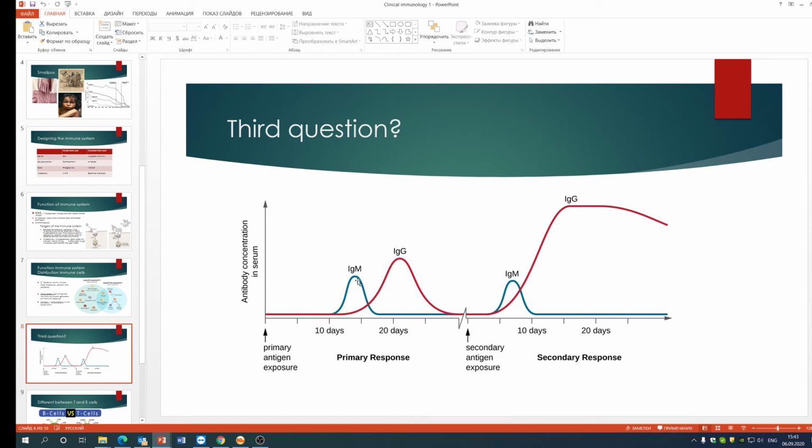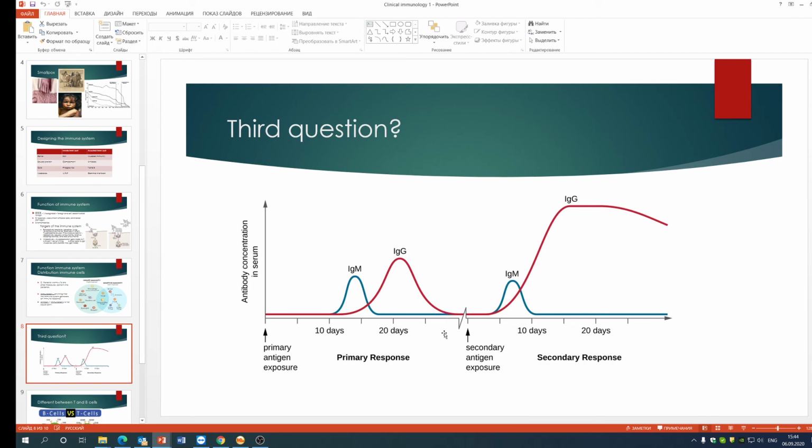Over a few days, immunoglobulin M switches to production of immunoglobulin G, and the concentration of immunoglobulin M decreases rapidly to normal. Up to three weeks of disease, we have a high concentration of immunoglobulin G, enough to defend against this infection.